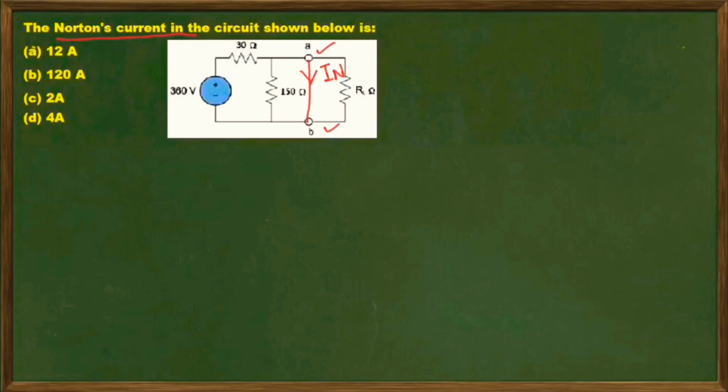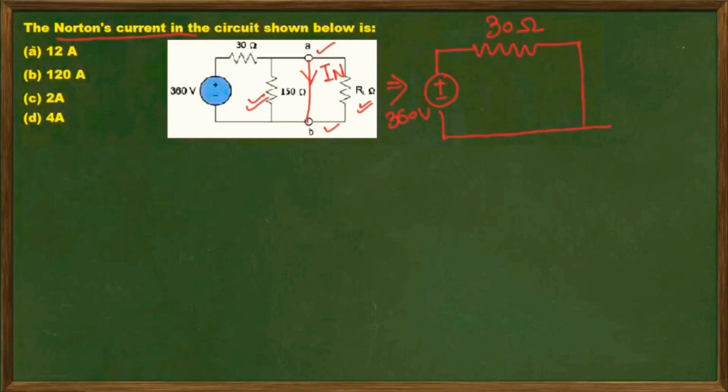As this path is shorted, this resistance and this resistance lose their significance. This is very obvious. So the network can be redrawn as, this is a voltage source, this is a resistance of 30 ohm, and this is 360 volt, and this is your shorted path.